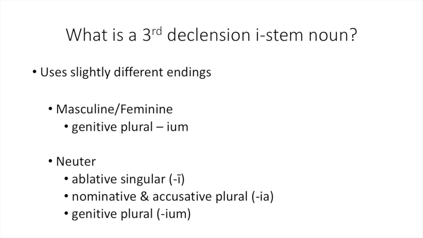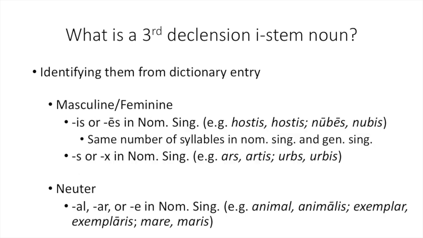The next question you're probably wondering about is, great, so they're third declension nouns, but how do you tell them apart from all the other third declension nouns? Well, there are some ways to do it. Some of it is just learning them by habit of what you've seen before. Other ways are these three rules.